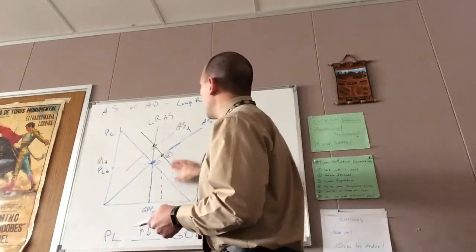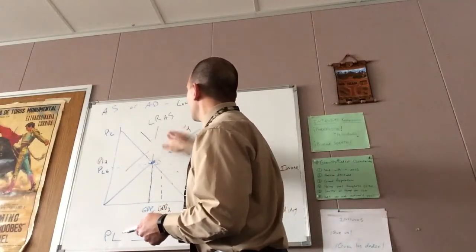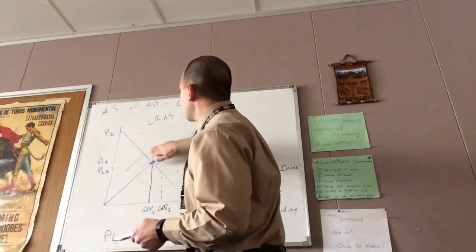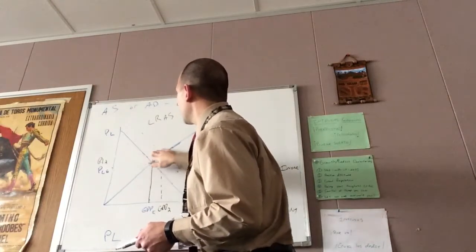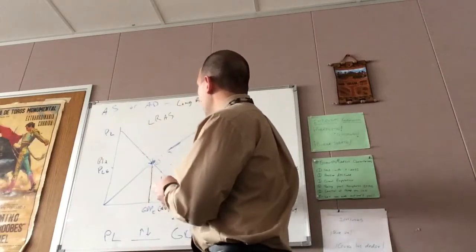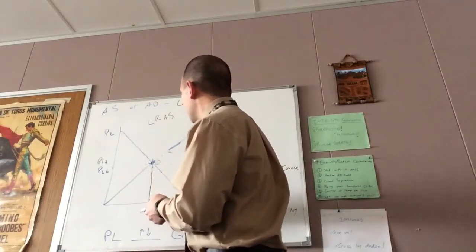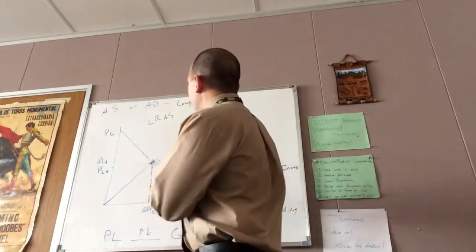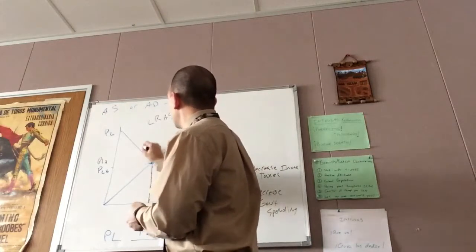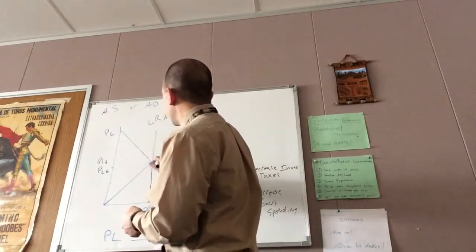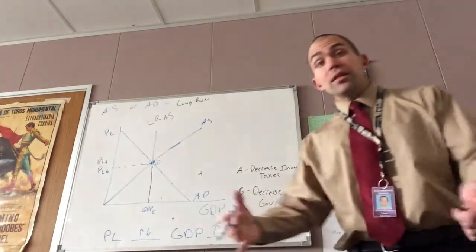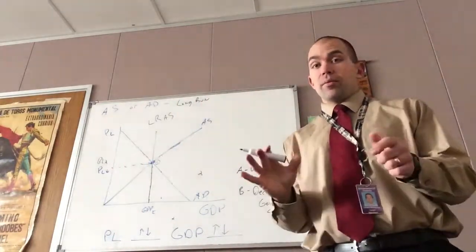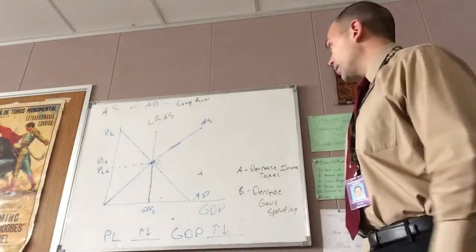Now, aggregate. Get rid of these babies right here. Clear up the old graph. That long run aggregate supply is still going to be there, and we're still starting out right here. But now we have a decrease in government spending.